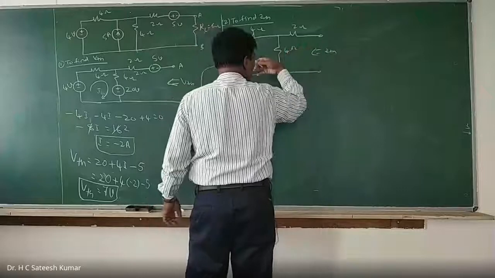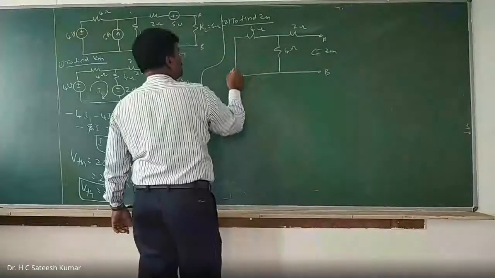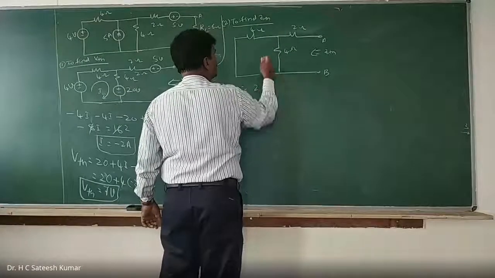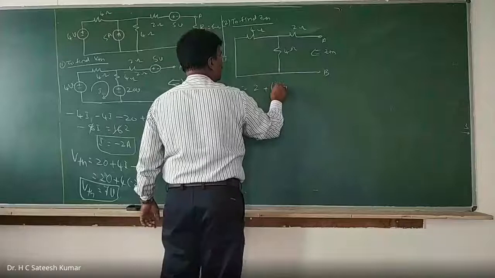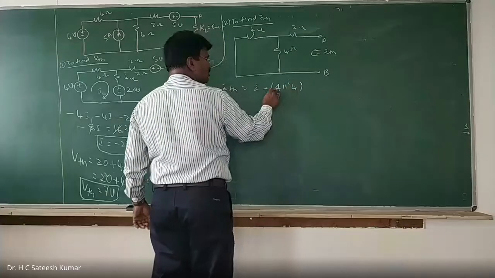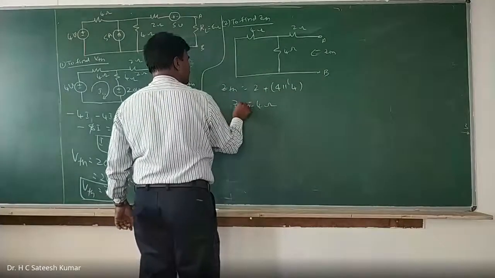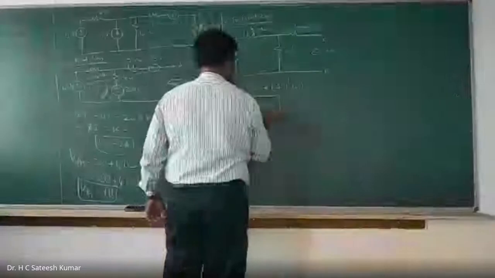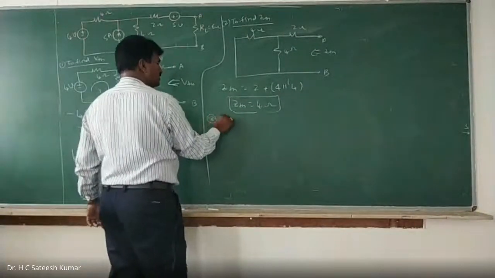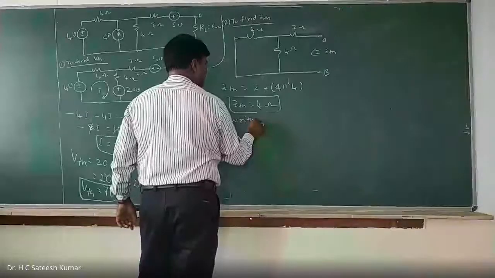It is the impedance seen from the terminals A and B, very simple one. ZTH is equal to 2 ohms on this side. Next, 4 parallel with 4 is 2. 2 plus 2 is 4 ohms. So ZTH is equal to 4 ohms. Next, third step is to write Thevenin's equivalent.